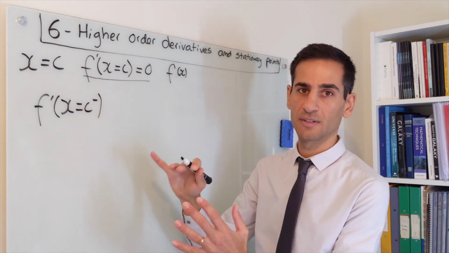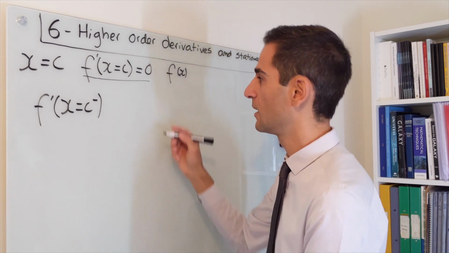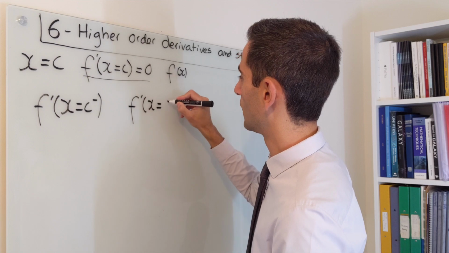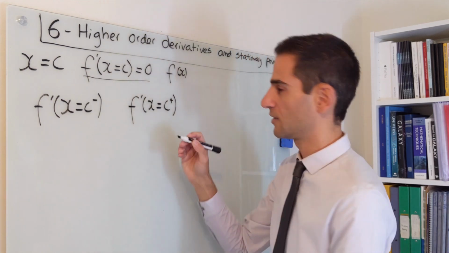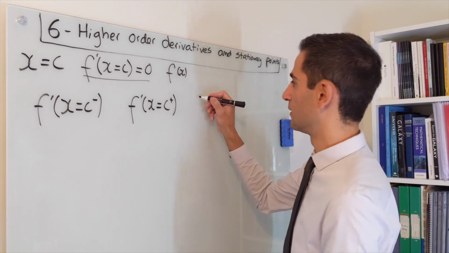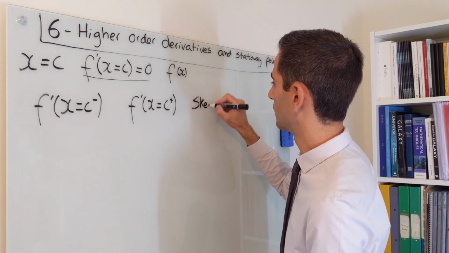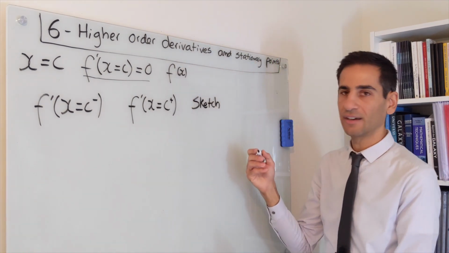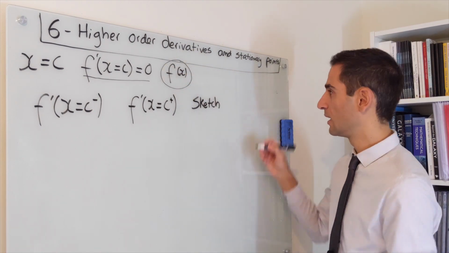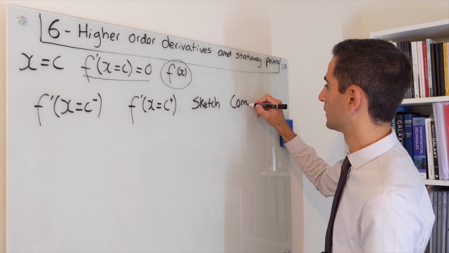So I'm going to use this minus as notation for it. We also want to know what the derivative is doing from values just above it. So I'm going to use a plus. We can then sketch what we think f of x is doing. And finally, we can conclude.